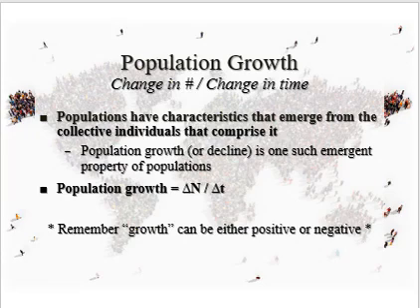Now, population size fluctuates in all types of environments, whether it's a terrestrial environment or an aquatic environment. Kind of looking back at the previous lecture, we had looked at the factors that influence the rate of change in populations.